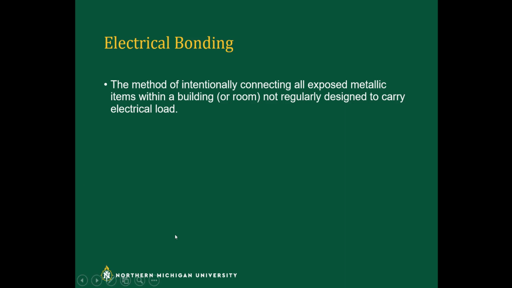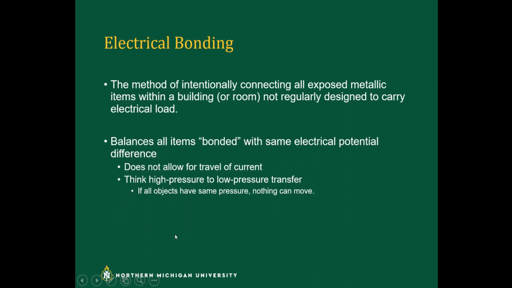So anything that's not supposed to carry electricity, we connect together. The purpose is that once we have all those items bonded together, it balances out the potential difference. That's talking voltage. If we're balancing out the pressure throughout, there's nowhere for that pressure to go from high to low pressure, so the voltage or the current can't flow. So pretty important safety measure.